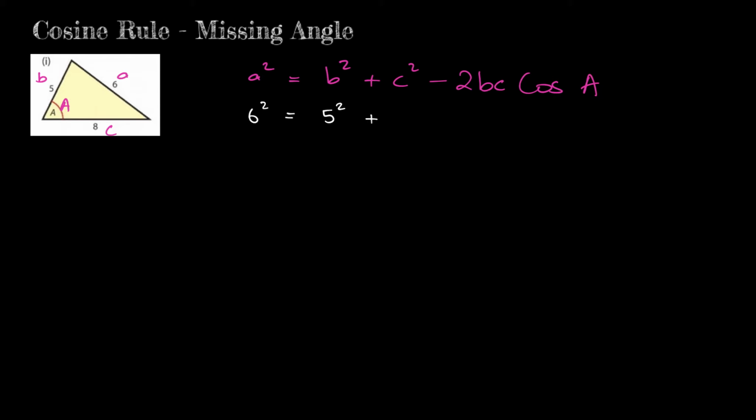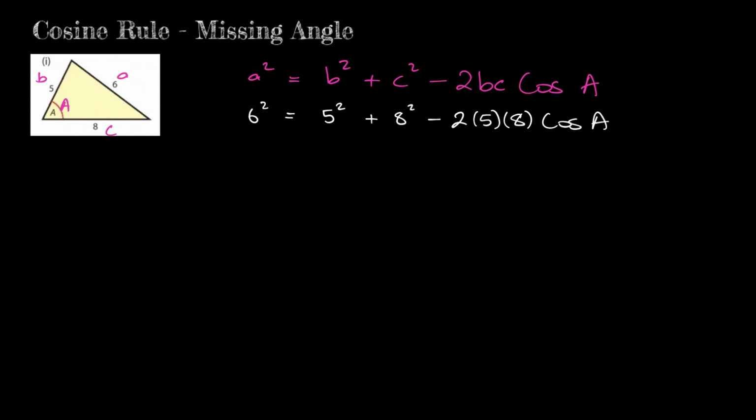In this case, c is equal to 8, so 8 squared, minus 2 times b, which is 5. I'm multiplying that, so I put it into brackets, and I'm multiplying that by c, so I put 8 into brackets. And that's being multiplied by cos of the angle, and the angle in this case is going to be M.